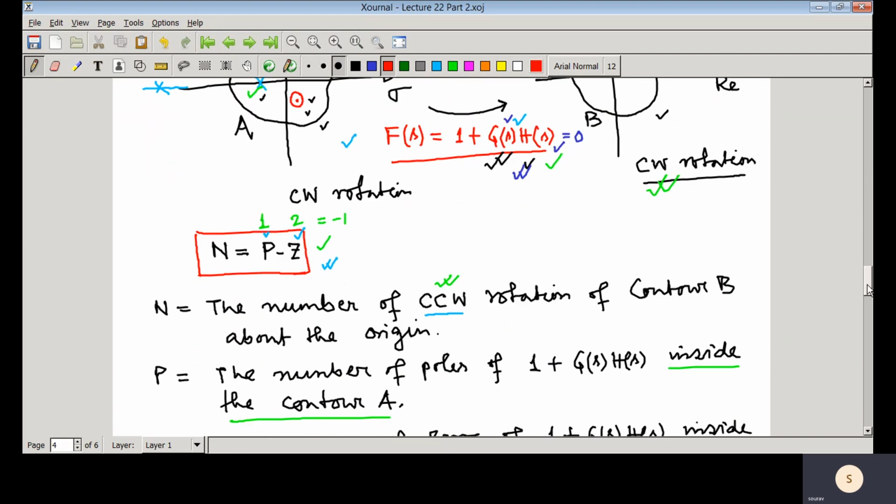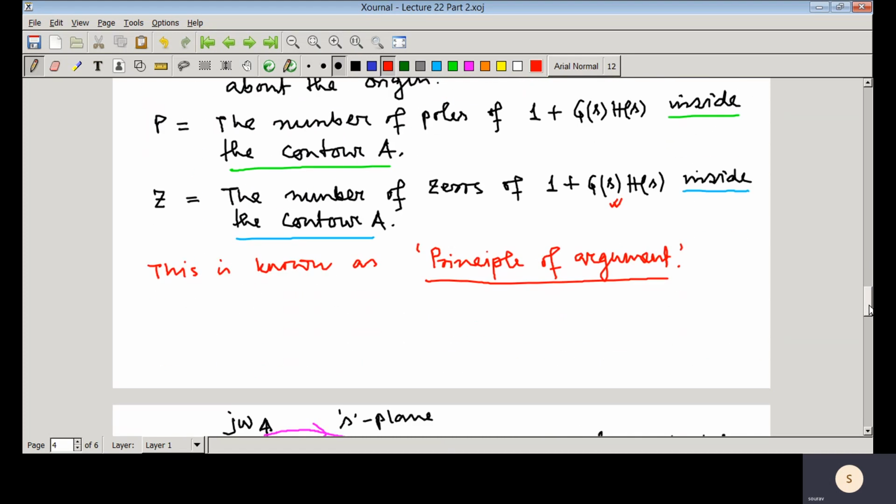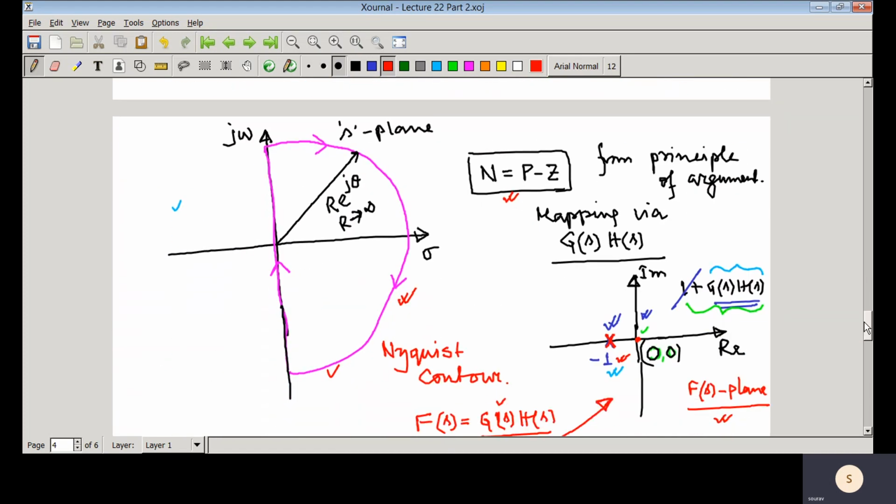Then we have seen the relationship n equal to p minus z, and after that we understood why we have to take the closed contour in the S-plane that encloses the total closed right half of the S-plane. The reason is that the region enclosed by this contour is the unstable region in the case of the closed loop control system.